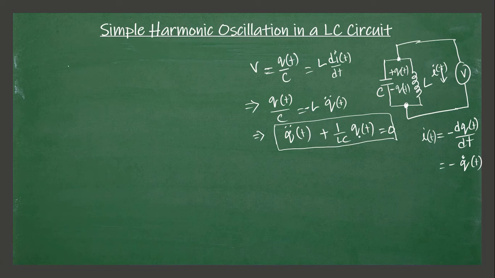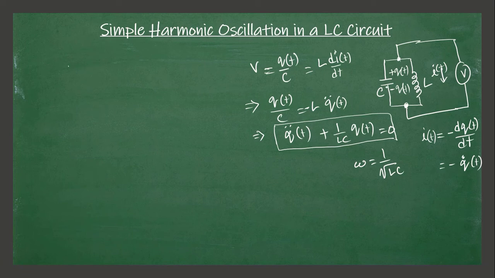And what is its frequency? Well, this term is called the resonating frequency, right? We had omega squared here, so here omega squared is 1 over LC, so that means omega is 1 over square root of LC. We call this the resonating frequency of this circuit.